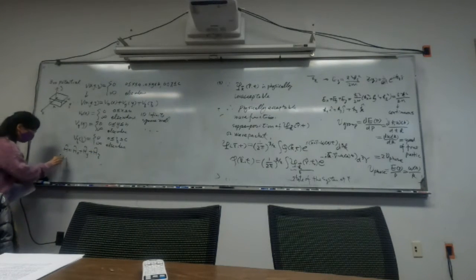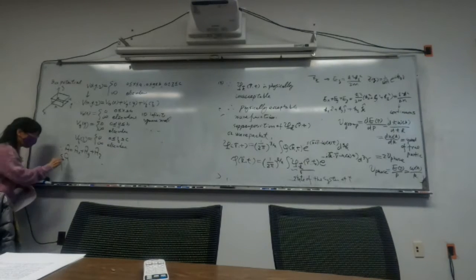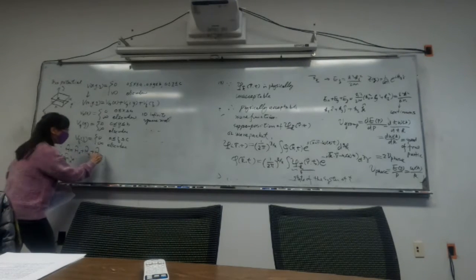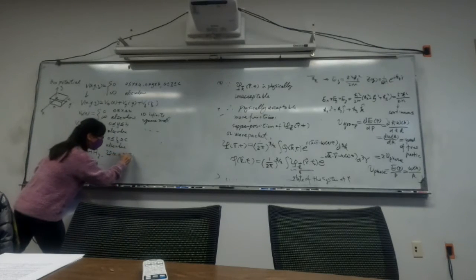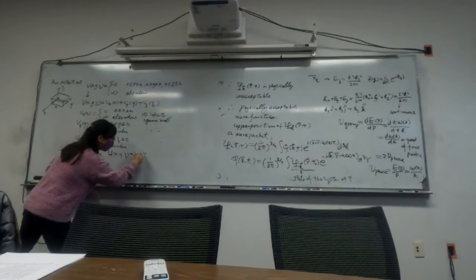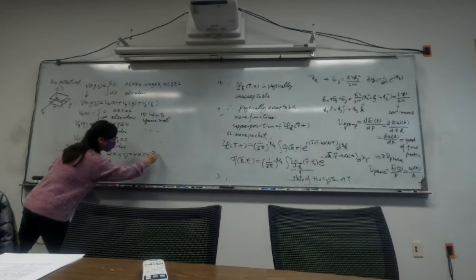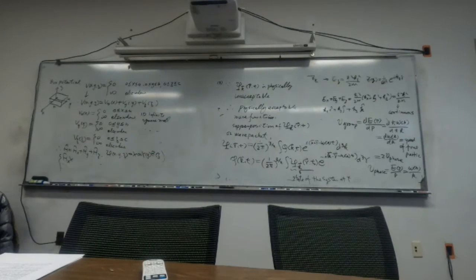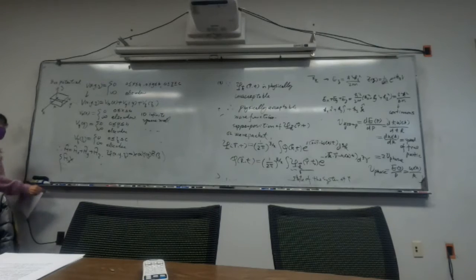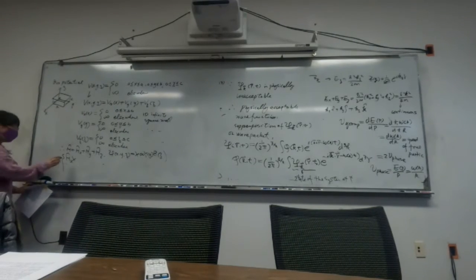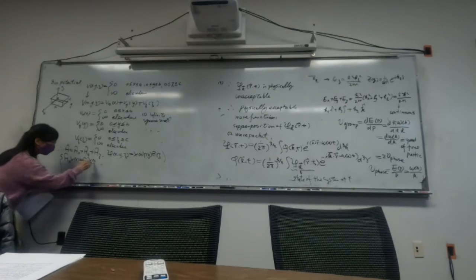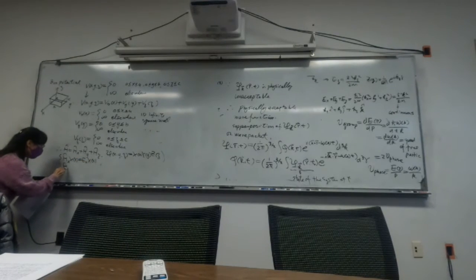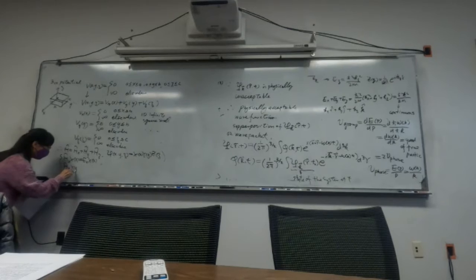Then we have 3 time-independent Schrodinger equations to solve. And also the wave function is the product of these 3 parts. So what we do is just solve the time-independent Schrodinger equation for each individual one.